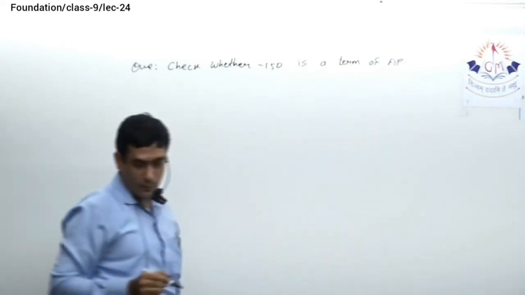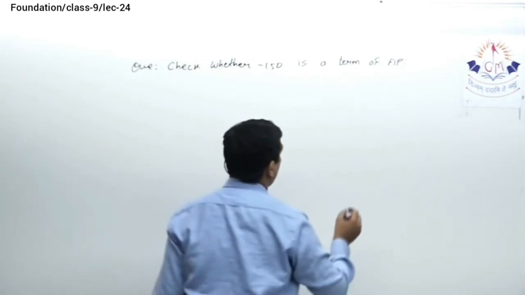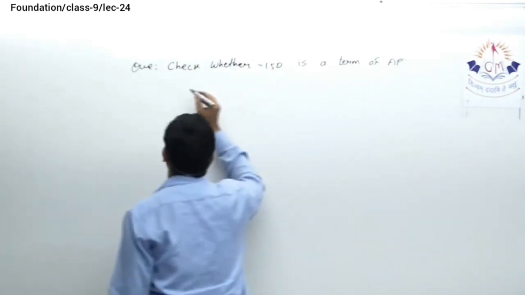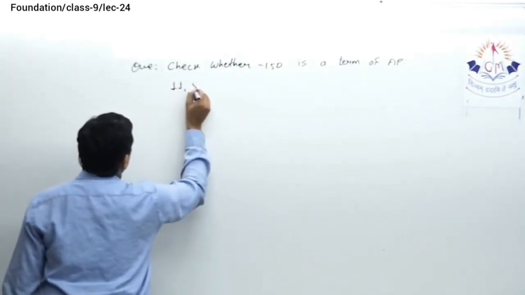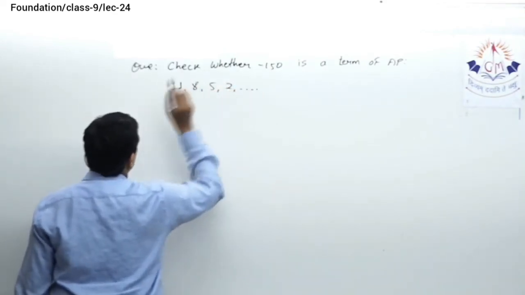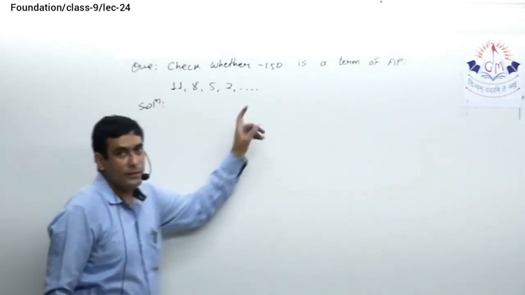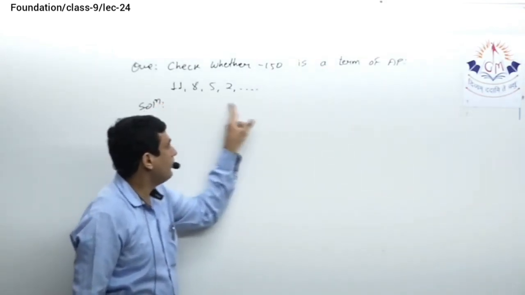Now the AP given is 11, 8, 5, 2, and so on. We have to check whether minus 150 is a term of this AP or not.